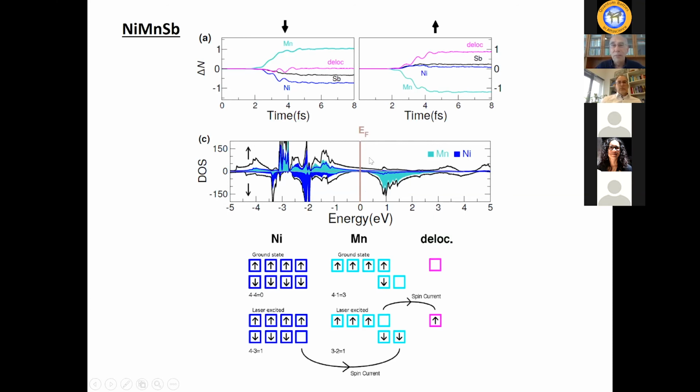What you see immediately here is that there are no empty states available for the upspins, so they can at best go to the interstitials, to somewhere else. And that's exactly what happens here, right? That's what we saw here. While for the downspins there are empty states, but the empty states are on the other type of atoms. So you have a downspin occupied here, blue is nickel, on nickel, but available empty states are only on manganese.